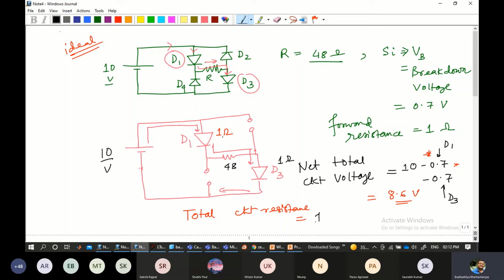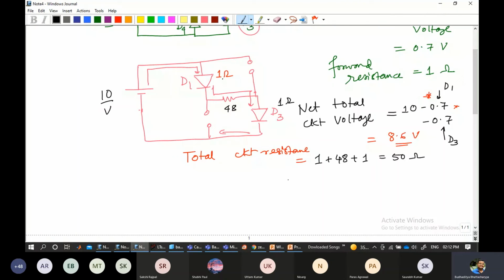So the total resistance is 1 plus 48 plus 1, which is 50 ohm. The internal diode forward resistance has also been considered while establishing the net circuit current. So the total current will be 8.6 divided by 50, which is around 172 milliamps.